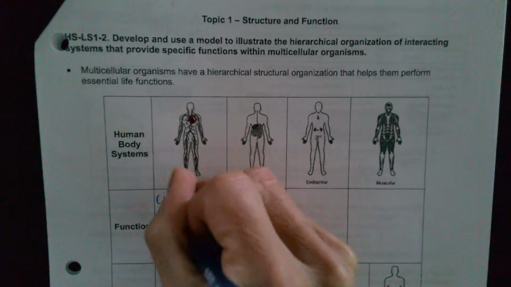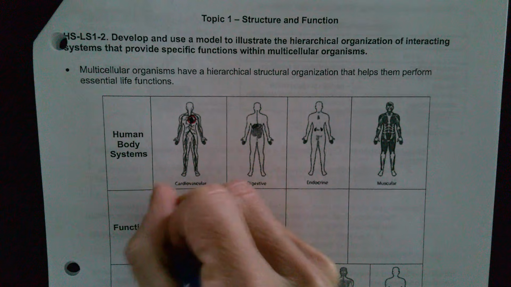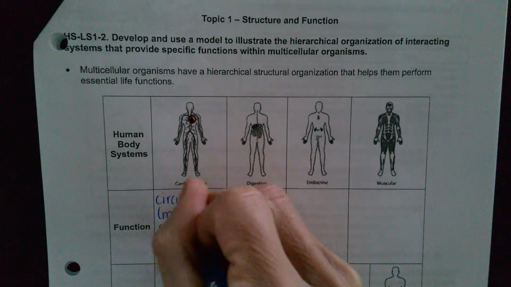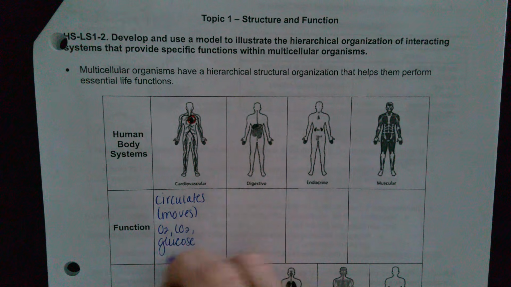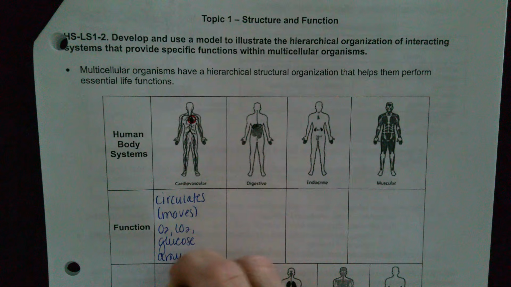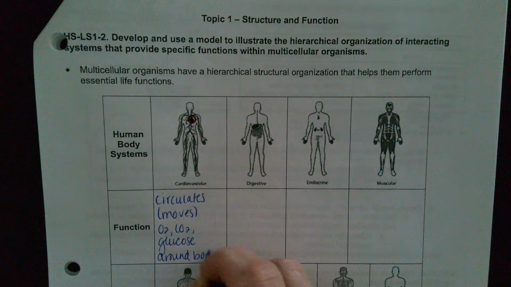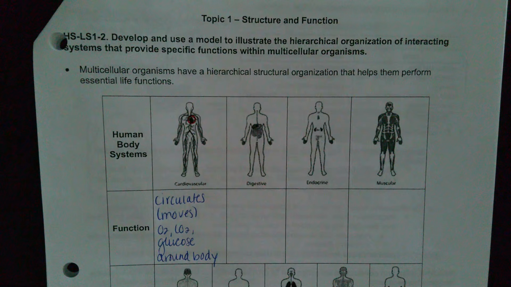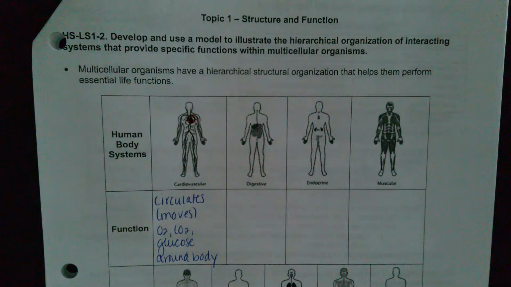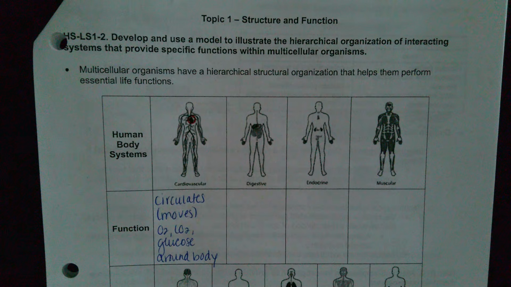Oxygen, CO2, glucose around body. I mean, this is how water moves around your body. Hormones, which we'll talk a little bit about on the next page.